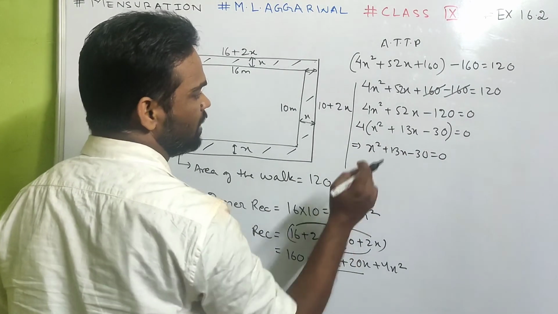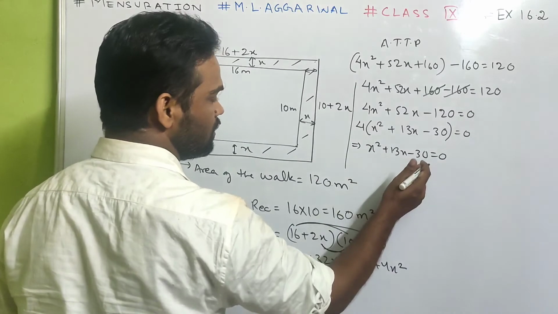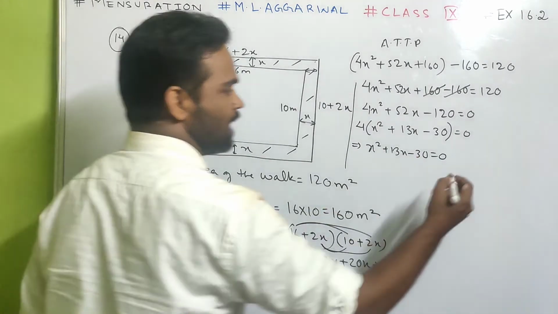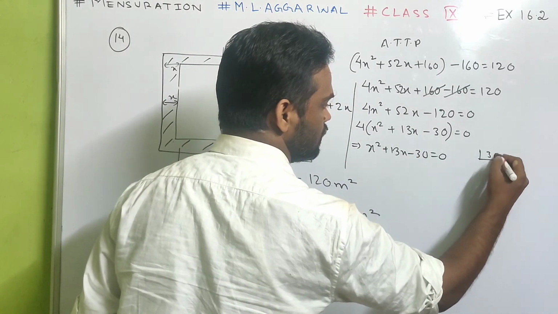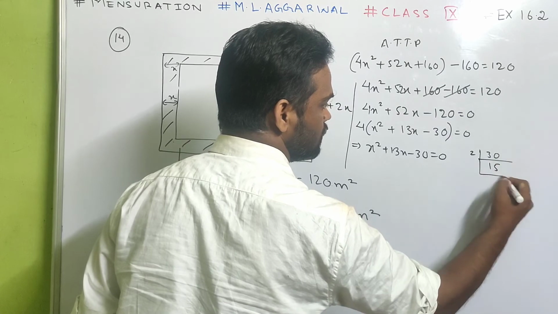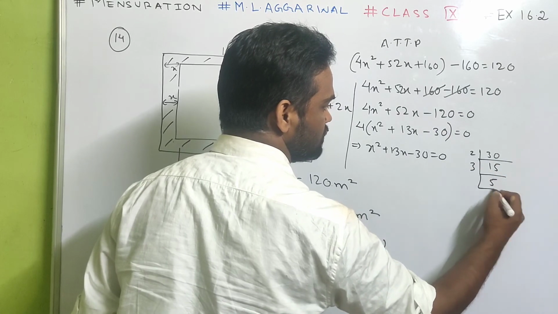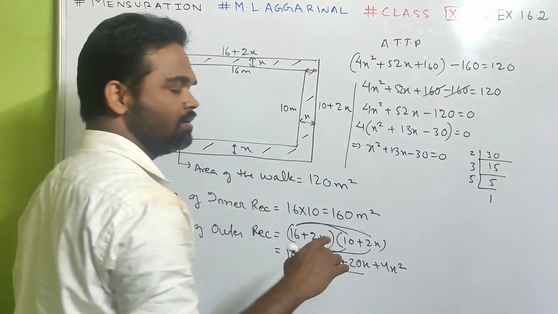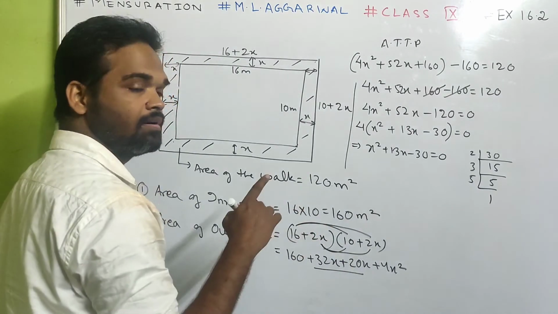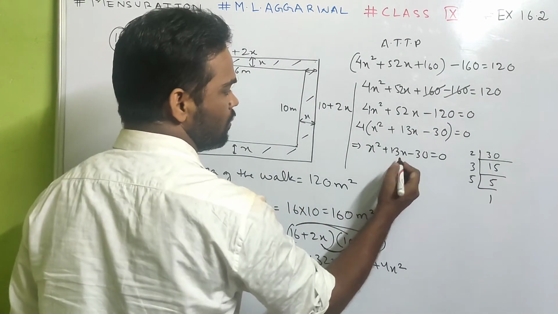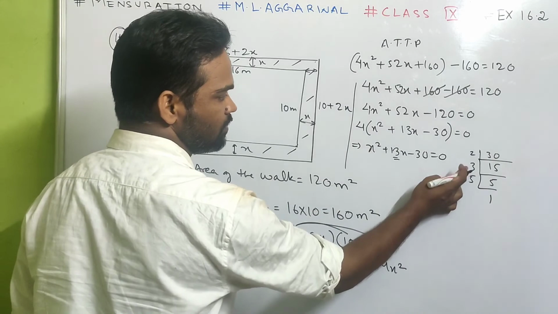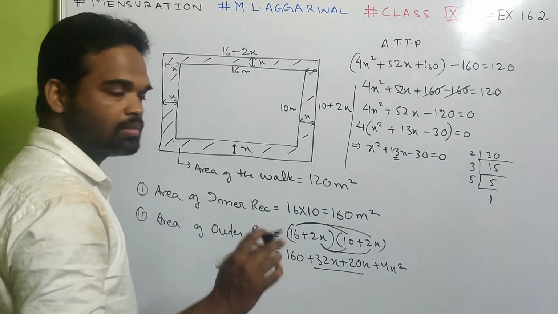Now, middle term factorization. Look over here. This is 30. So the factors of 30 are 2 15 times, 3 5 times, 5 1 times. We have already done middle term factorization, okay? Now, we need to get 13. 5 3s are 15, 15 minus 2, 13.